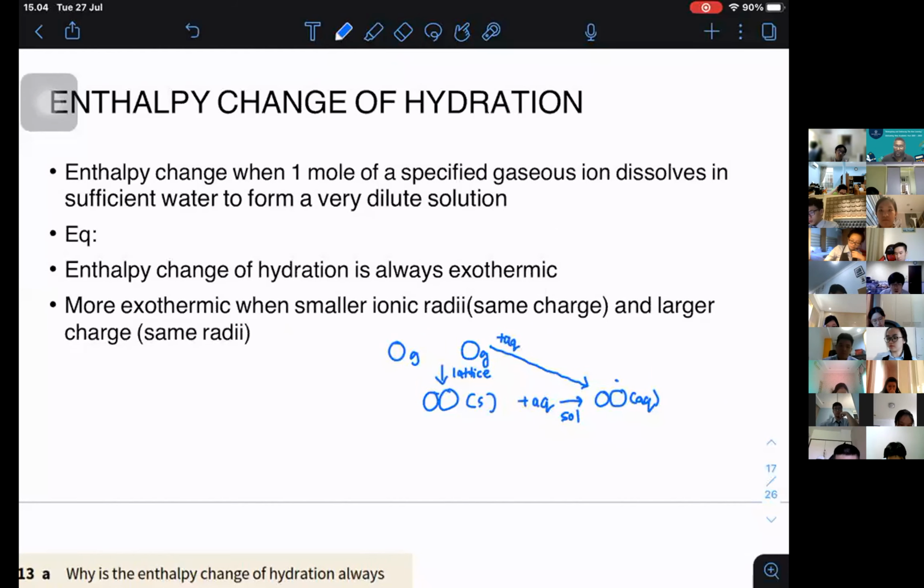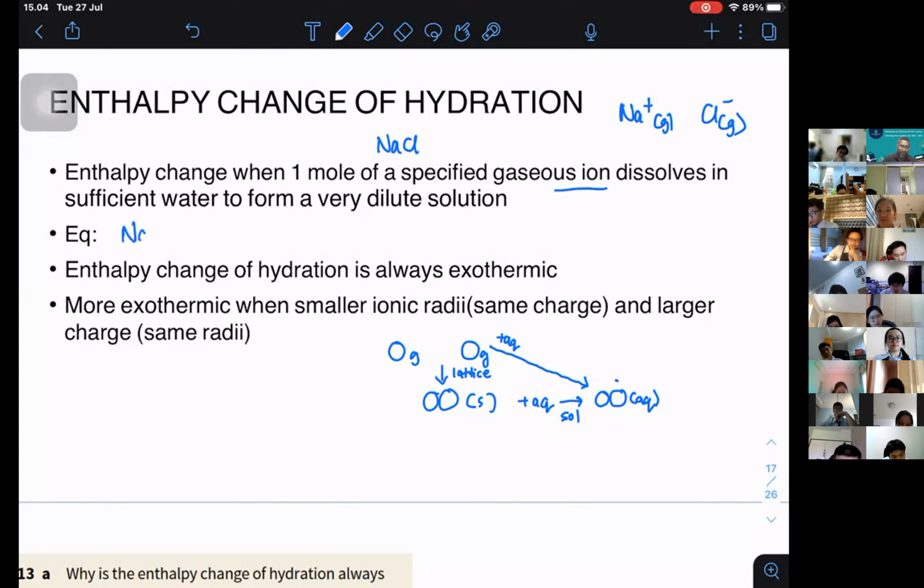For example, NaCl gives you Na plus and Cl minus. These are the specific gaseous ions that can be formed, and these two ions must be dissolved in sufficient water to form a very dilute solution.